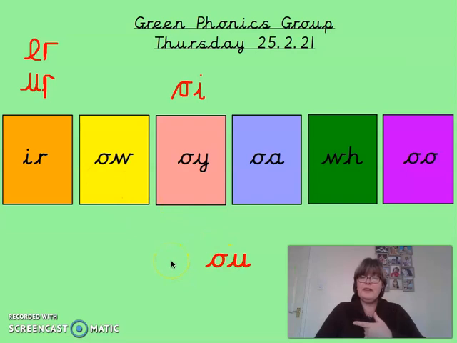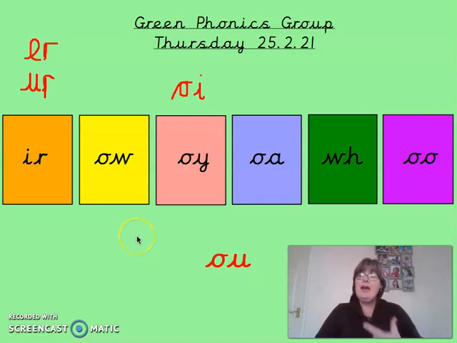Now, when we're thinking about using these sounds in words, there is one big clue as to which one of these would go at the end of a word. Do you know what that clue is? Okay, think about when you read books. Do you very often see a U at the end of a word? No, you don't, do you?